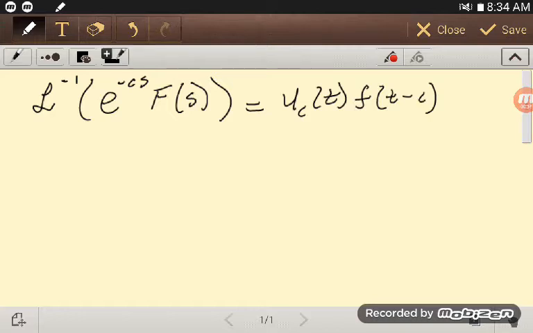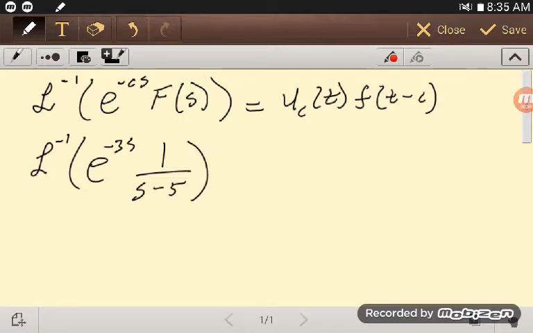Well, suppose I wanted to take the inverse Laplace transform of e to the minus 3s times 1 over s minus 5.